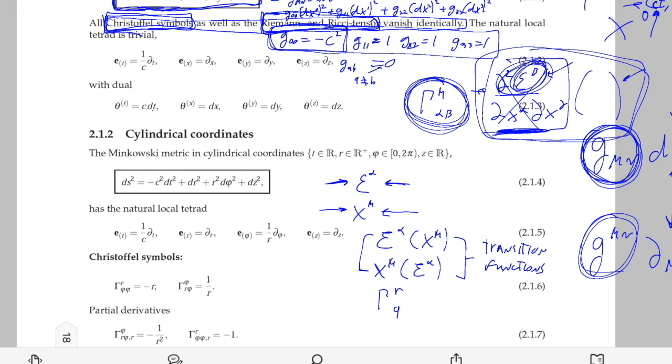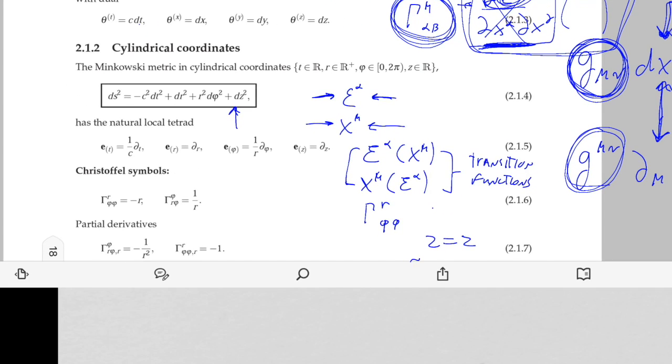And, for example, we could calculate R. But in the cylindrical coordinates, you may remember, the z doesn't change, so the transition function is going to be z equals z. So if this is the Cartesian system and this is the cylindrical system, z will equal z.